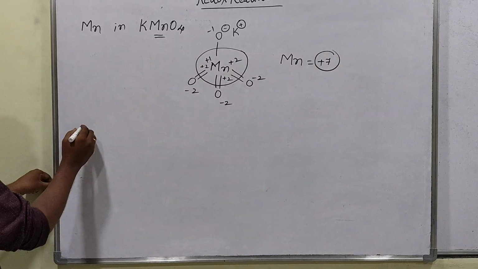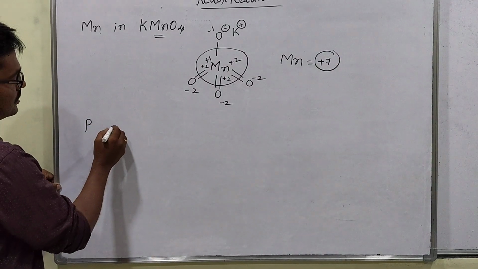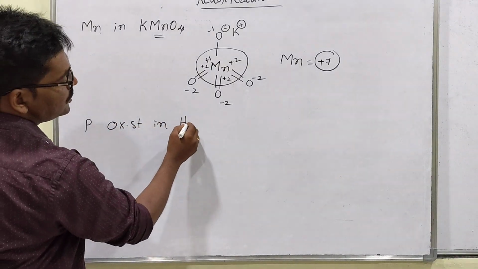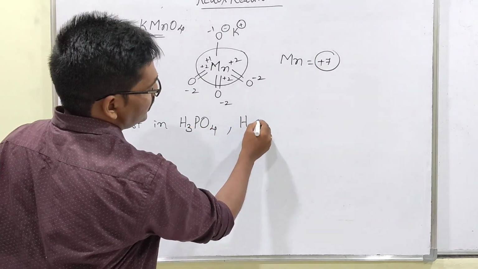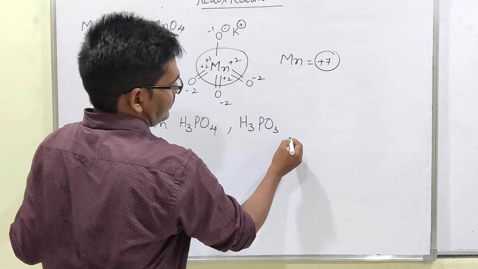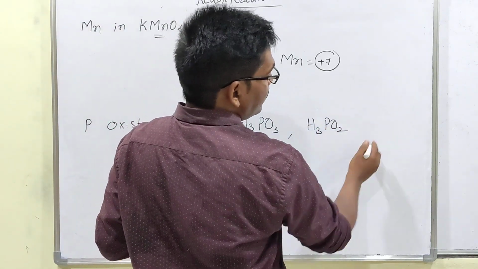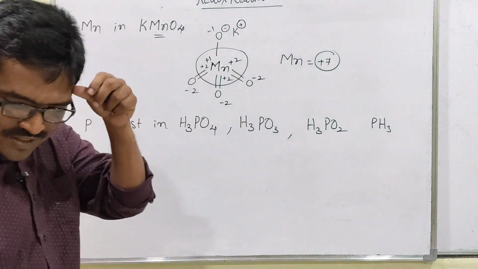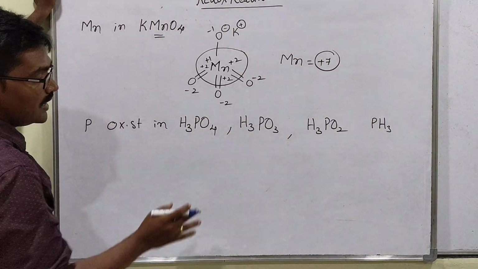Then in case you take the phosphorus oxidation state in H3PO4, H3PO3, H3PO2, and PH3, if you take the oxidation states of all these, one by one we take the structures.